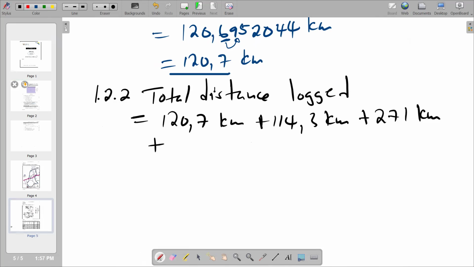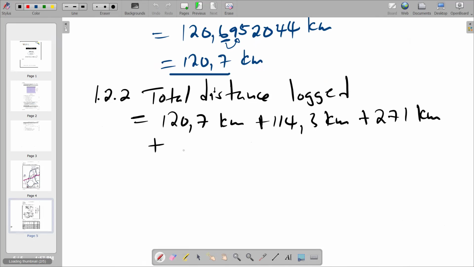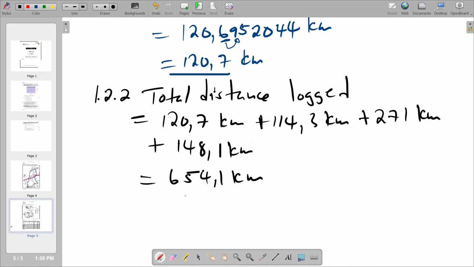We add 148.1 kilometers. So that is what we have. Then the total is going to be 654.1 kilometers. So that's what we have as our final answer.